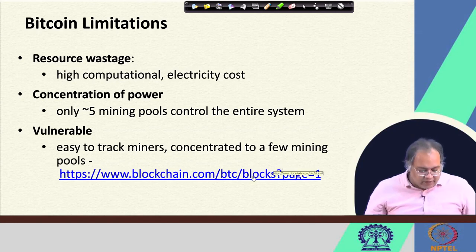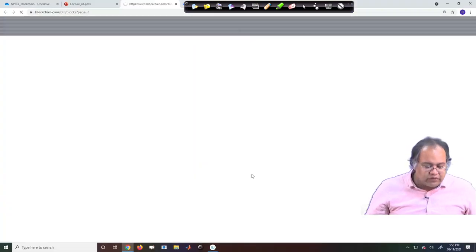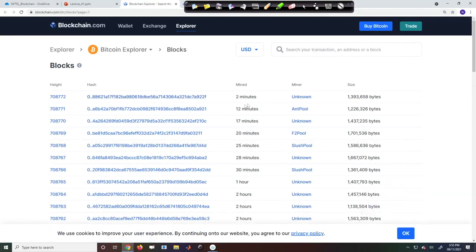Well, you can actually see it from the block explorer. If you look into the block explorer, these are the recent blocks that have been mined. Here if you see who the last miners are, you can see AND pool, then F2 pool, /pool, again /pool. The unknown cases are where the miners are not known, so we can just ignore them and look into the mining pools that have mined the blocks. Here I see AND pool, F2 pool, /pool.